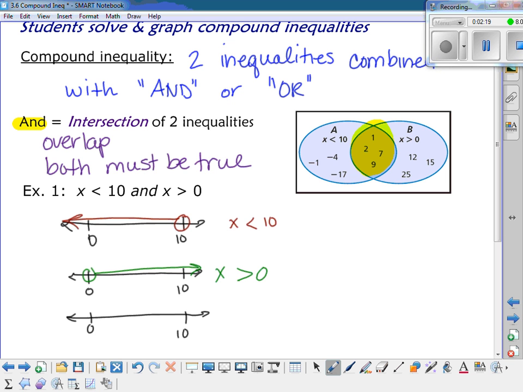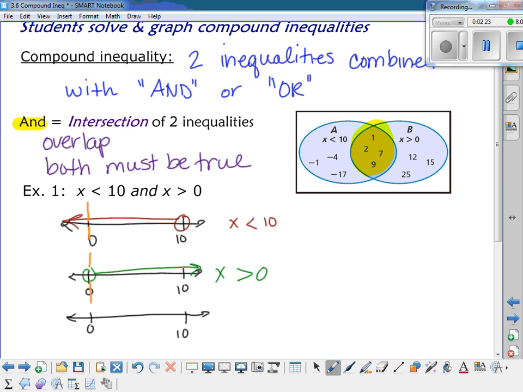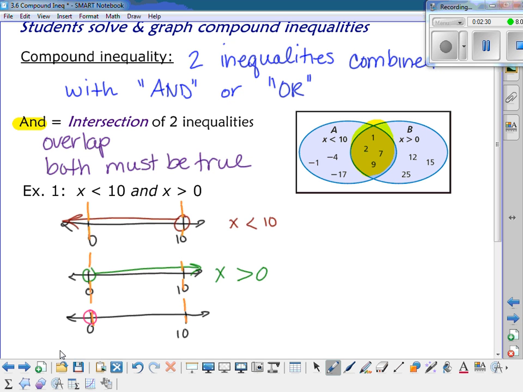So what I want to look at is where do they overlap each other? And that's what we graph for the compound inequality. So they have an open circle on the 0 and an open circle on the 10, and it's everything in between.